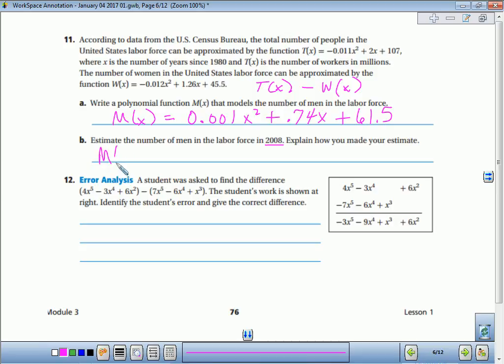So we do m of 28. So we would plug 28 into this function. And so we would get that m of 28 is approximately 83. But this says in millions, so it would be 83 million. And that's what we get by plugging 28 into the function. That's a lot of math.